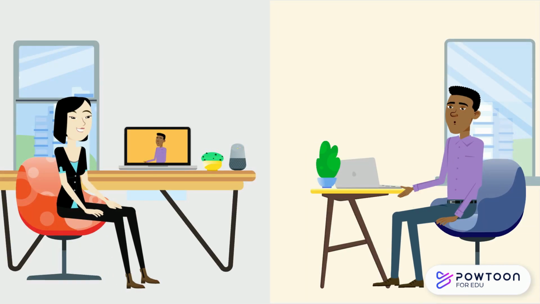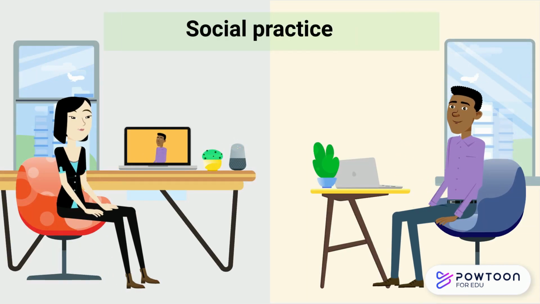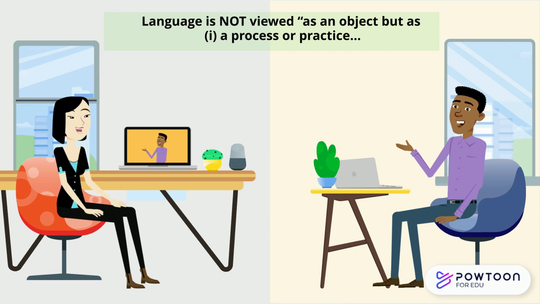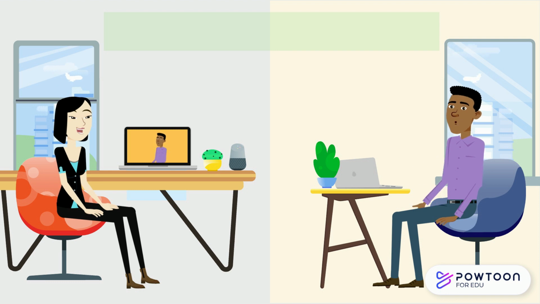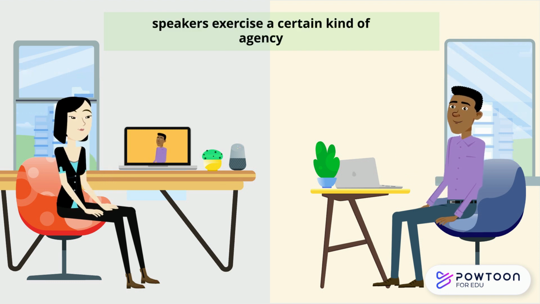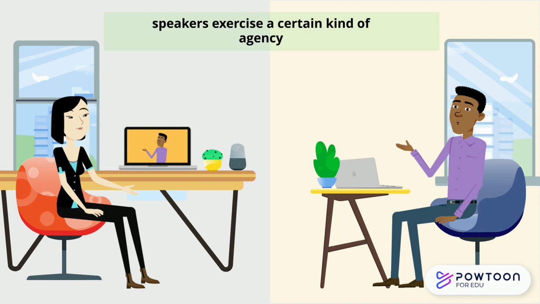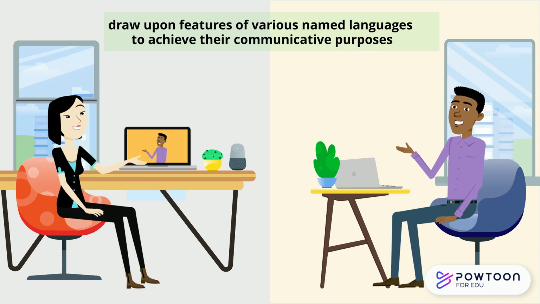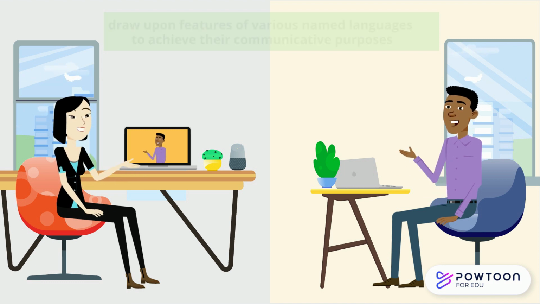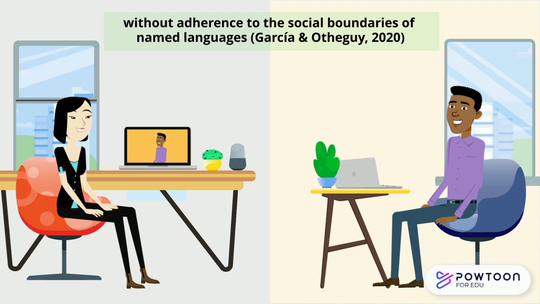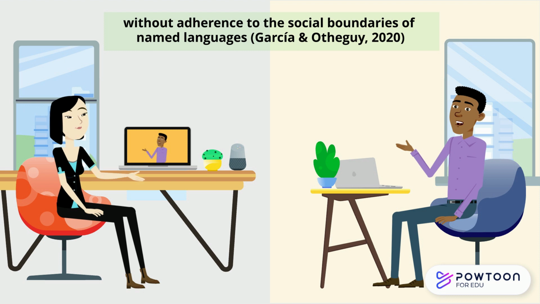Here, multilingualism is viewed as a social practice where language is not viewed as an object, but as a process or practice that is dynamic and situated. According to this view, language use reflects a process of speakers exercising a certain kind of agency that allows them to draw upon features of various named languages to achieve their communicative purposes without adherence to the social boundaries of named languages, as Otegi and Garcia put it.